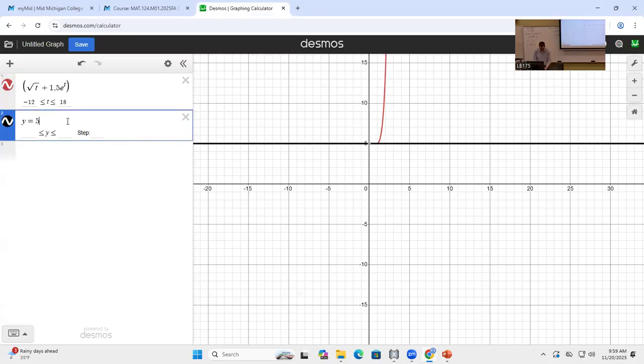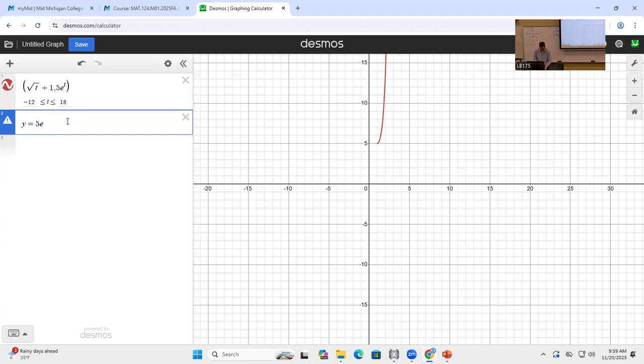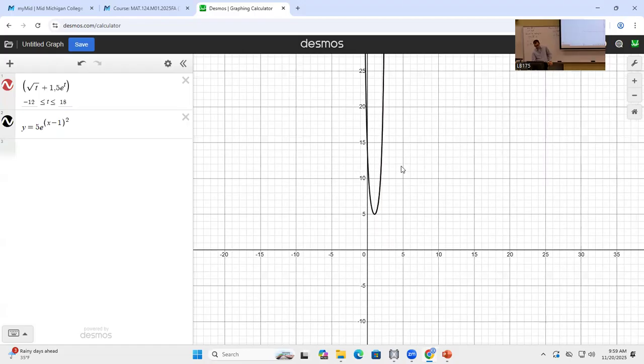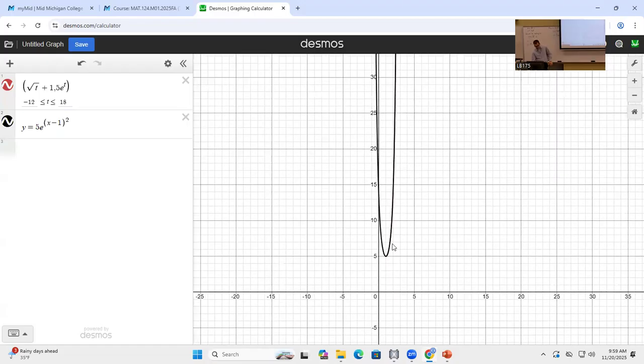So y equals 5e raised to the power x minus 1 squared. I'm going to get essentially both the left and right hand side of this curve. Whereas with parametrics, I only get the right hand side.